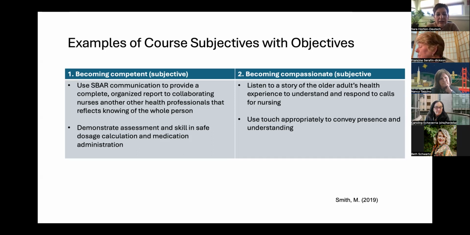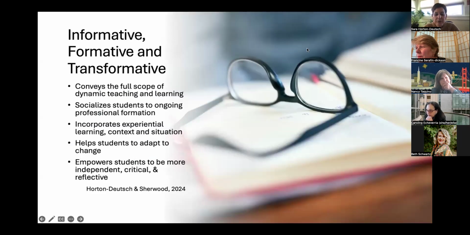And then the second one is demonstrate assessment and skill and safe dosage calculation and medication administration. So you can see the emphasis there on the subjective, where the objective is the ultimate outcome, but the subjective is used as the formation of the nurse to get there. And then the second example they provided is becoming compassionate.